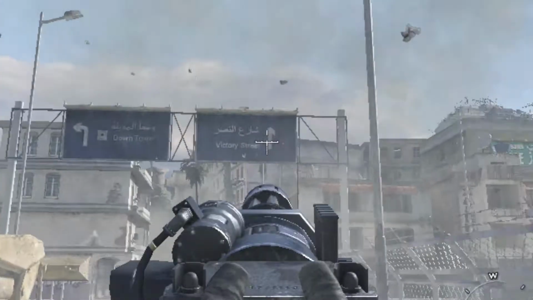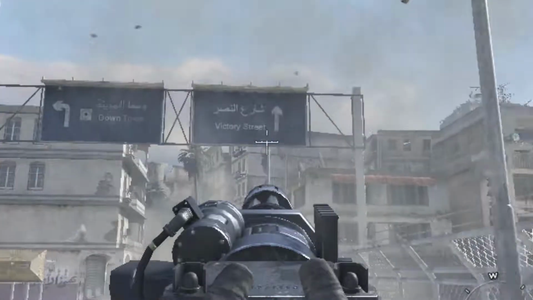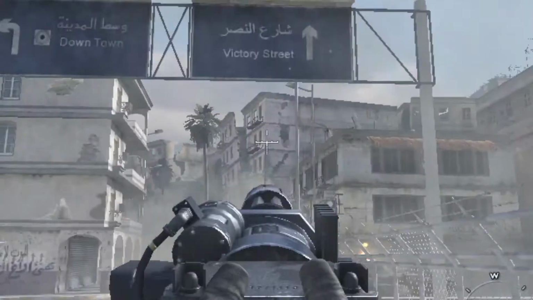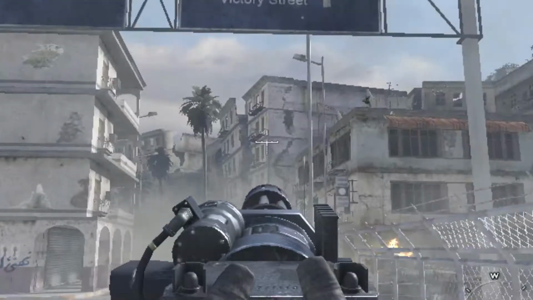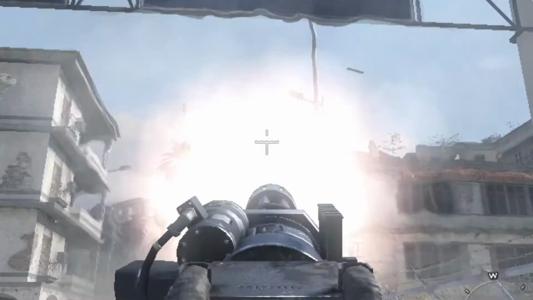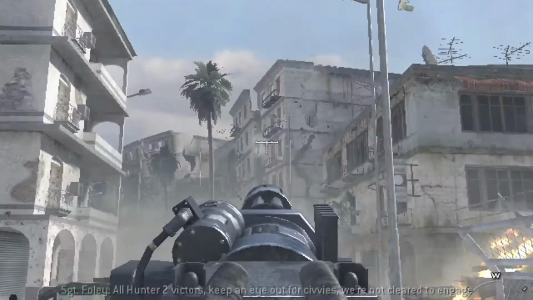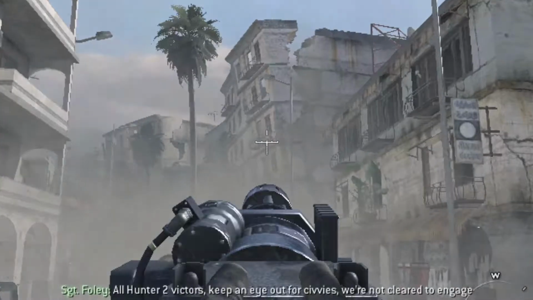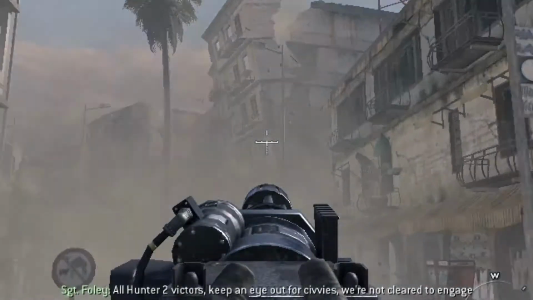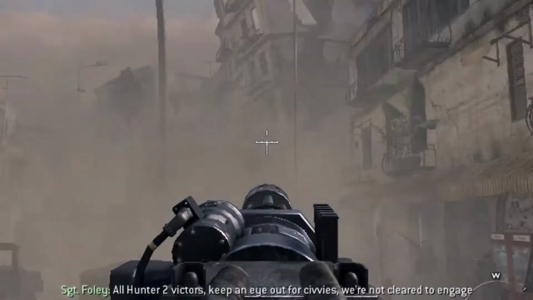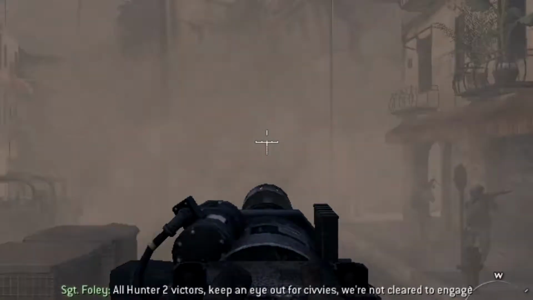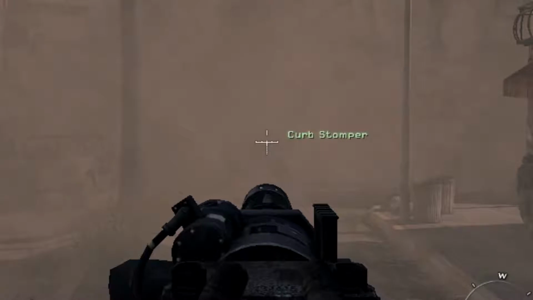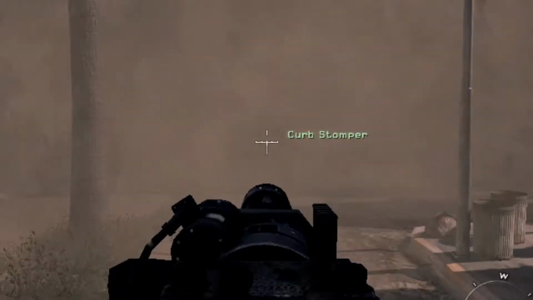Breaking away. Copy, Hunter 2. All Hunter 2 Victors, keep an eye out for civvies. We're not clear to engage unless they fire first. Scan the rooftops for hostiles. Stay frosty.